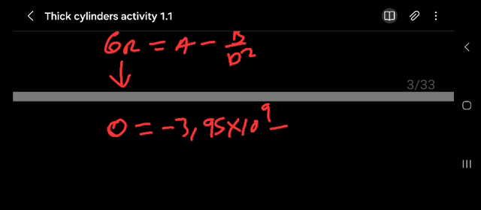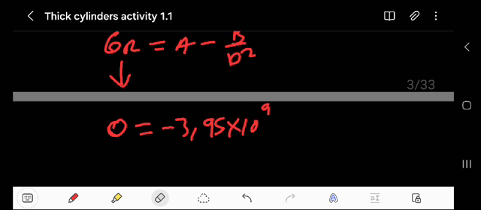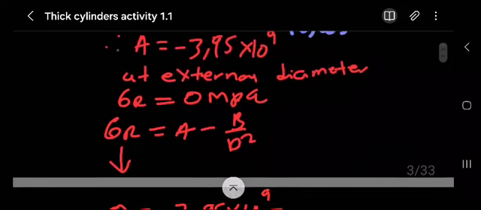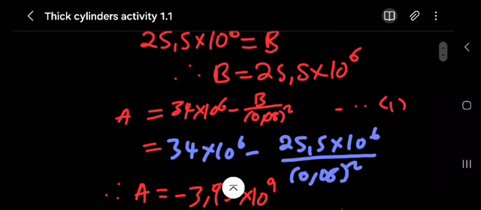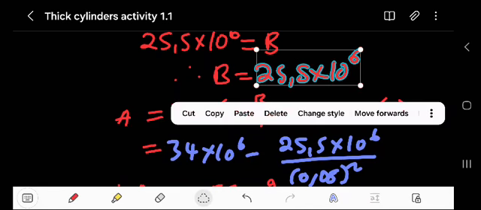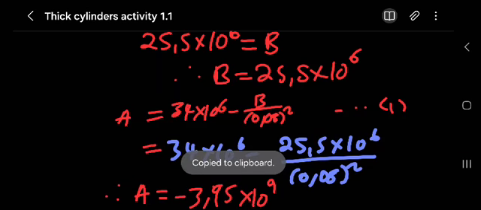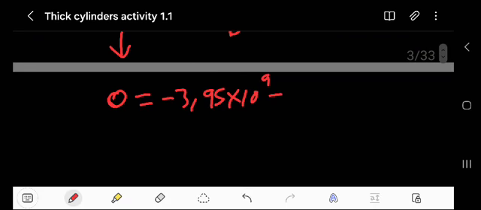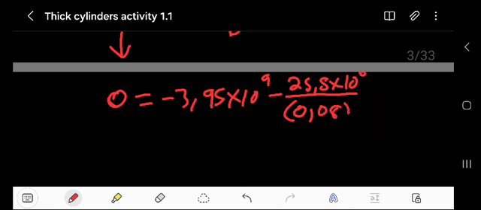Sorry about that. The value of b, here it is 25. That is the value of b. We had b to be equal to this, over the diameter, which is 0.08. We square this.